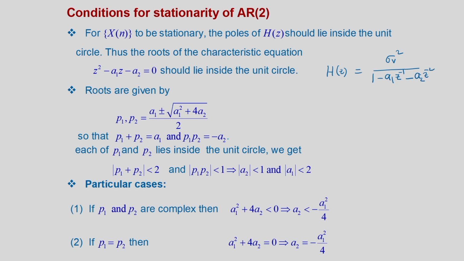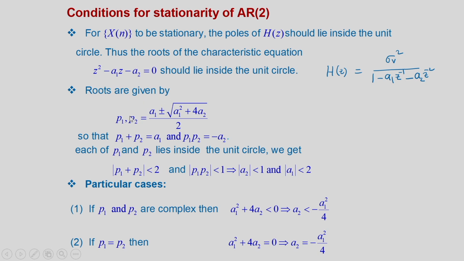If I put this denominator equal to 0, then we will get this equation. The condition for stability of H(z) requires that all the roots of this equation should lie inside the unit circle.